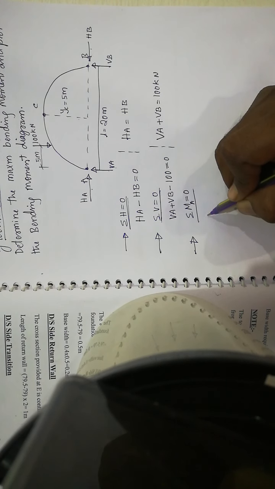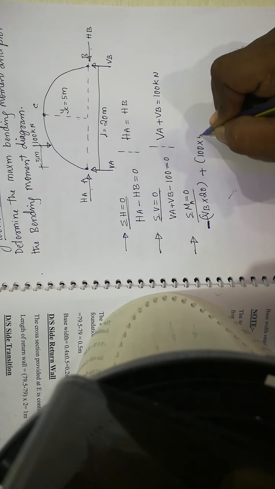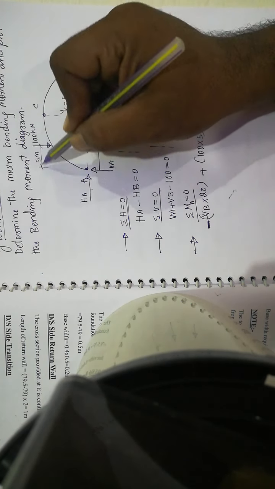So it is VB into 20. It is an anti-clockwise moment, that's why I am taking it as negative here, plus 100 into 5. The distance is given here with respect to A, so 100 into 5 clockwise is equal to 0.